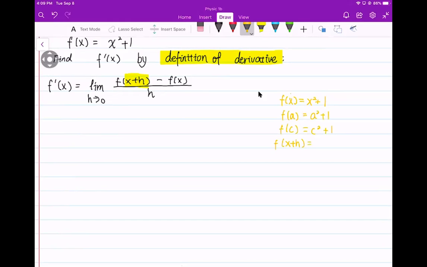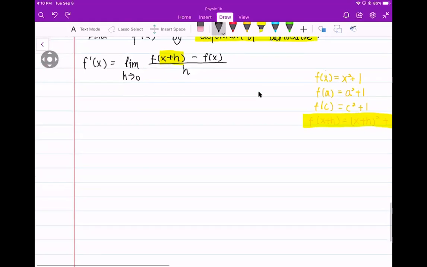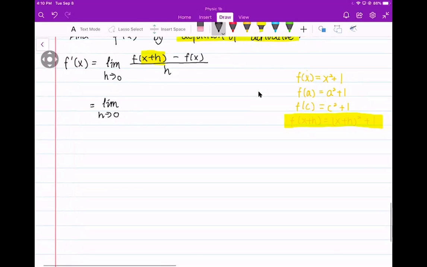So for here, we have (x plus h) squared plus 1, right? We do the same thing. And then we plug this equation into the highlighted part here, okay? So what's the next step? We just copy everything the same and plug it in. So (x plus h) squared plus 1, that's f(x plus h).